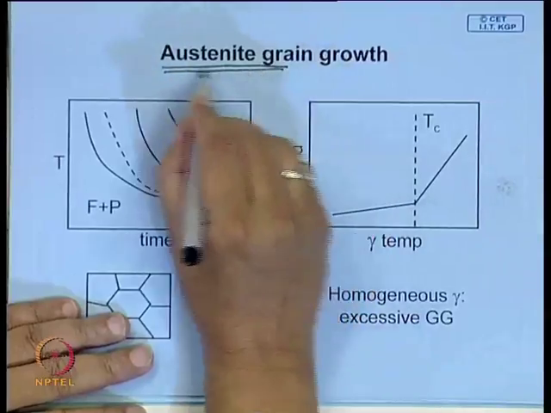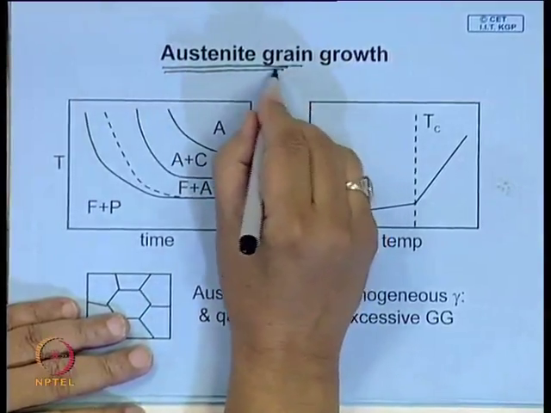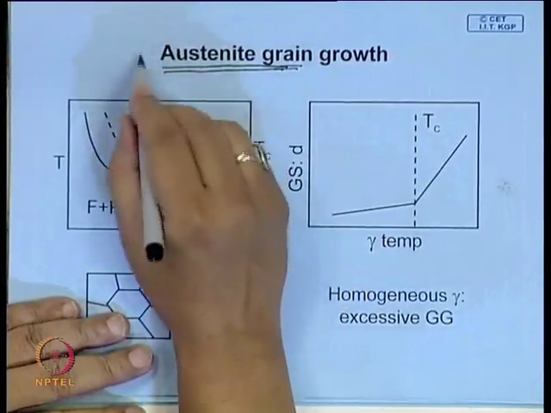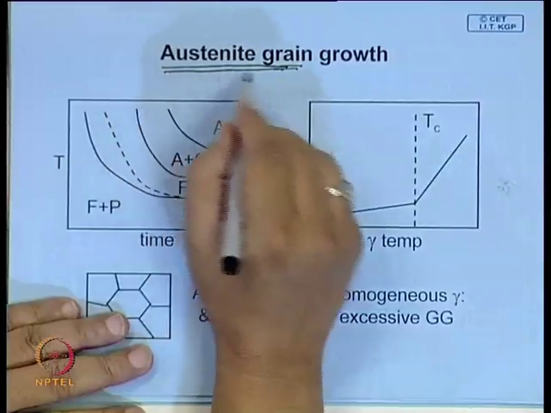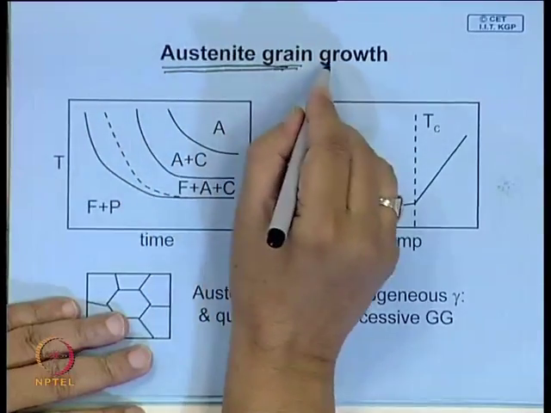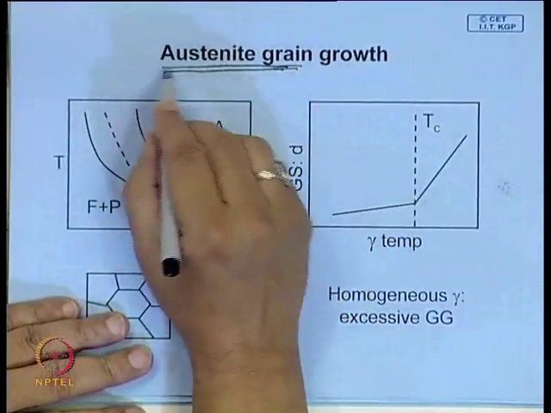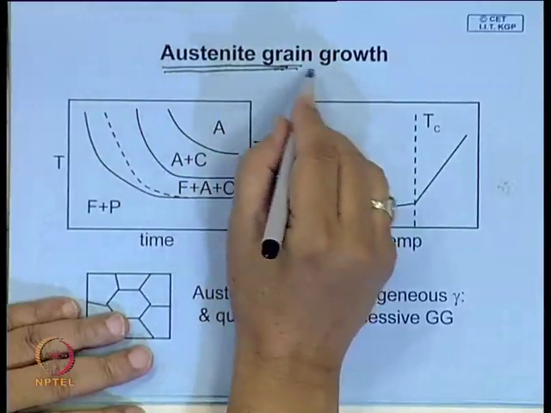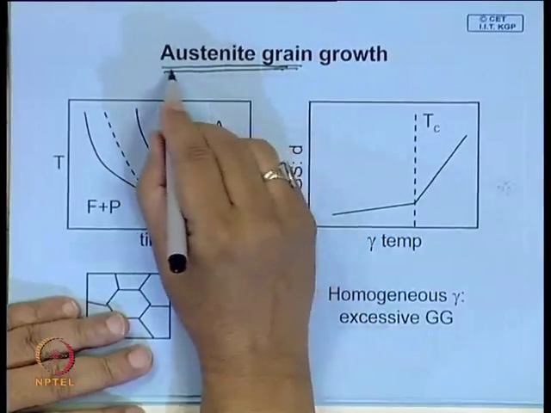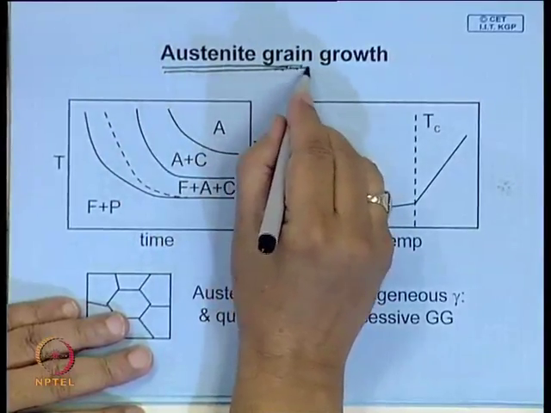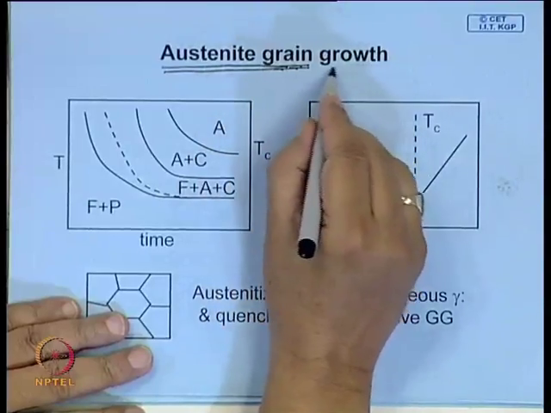So if you have, say, continuously cast billets that are to be hot rolled, they must be austenitized, and you have to do this process under controlled conditions so that you do not allow the grain to grow abnormally.